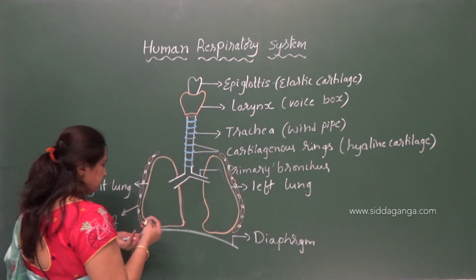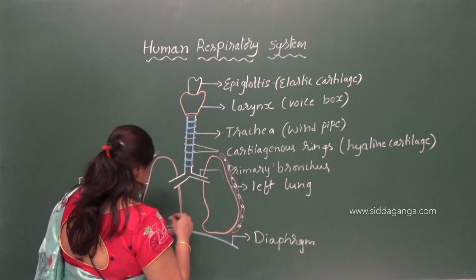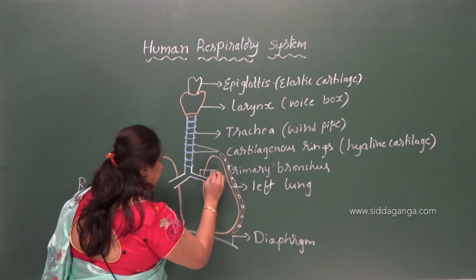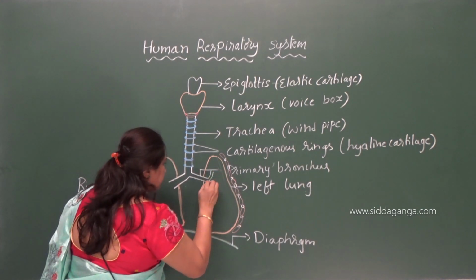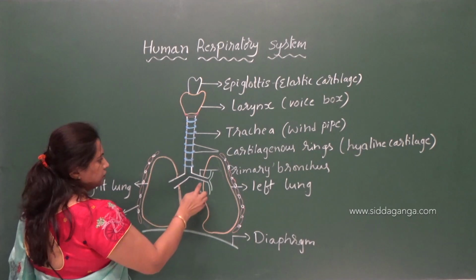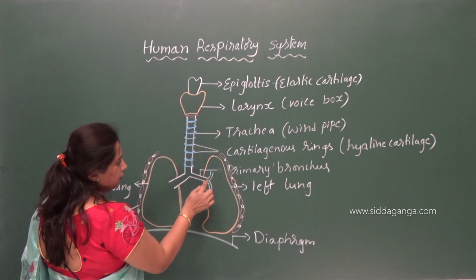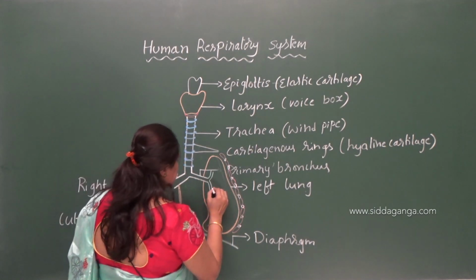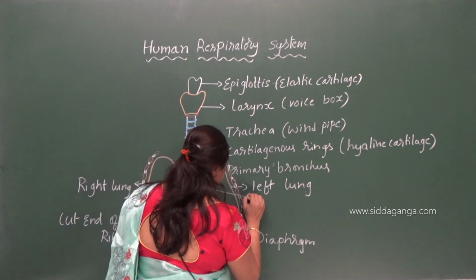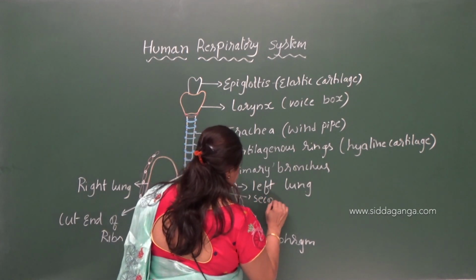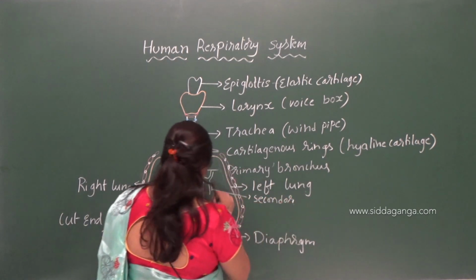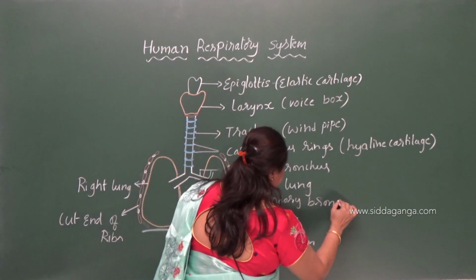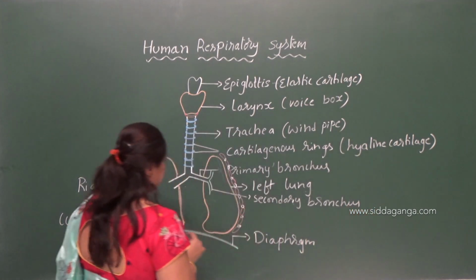So they divide and redivide. So the primary bronchus on entering into the lungs will divide to form the secondary bronchi. So singular is bronchus, secondary bronchus.